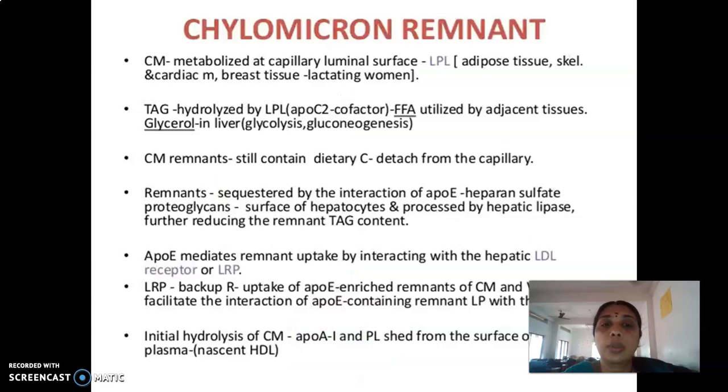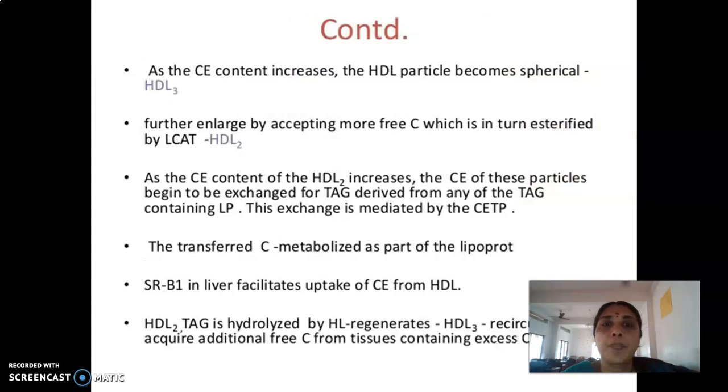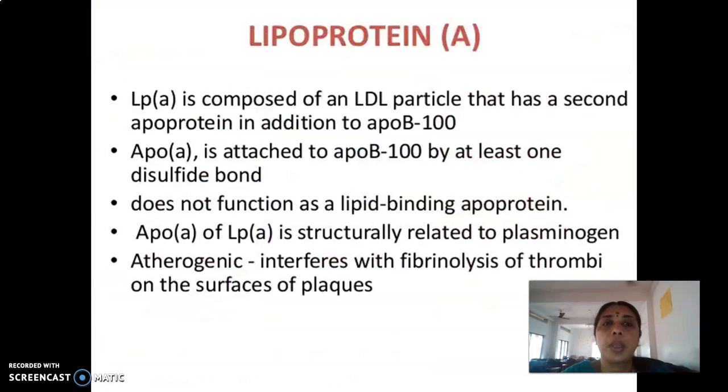That I'll show you. This is lipoprotein(a), LPA. It is composed of an LDL particle and has a second apoprotein besides ApoB100. LDL contains only ApoB100. LDL transports cholesterol esters from the liver to the peripheral tissues, and hence it has only ApoB100 on its surface.